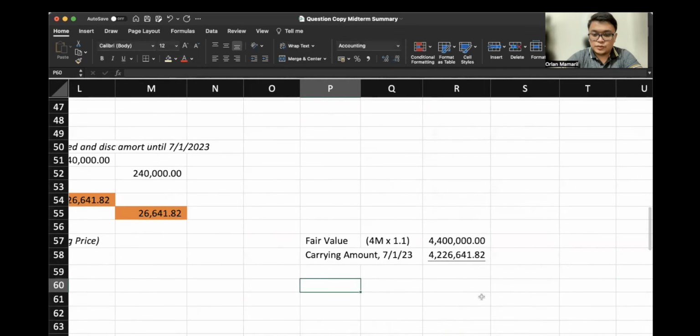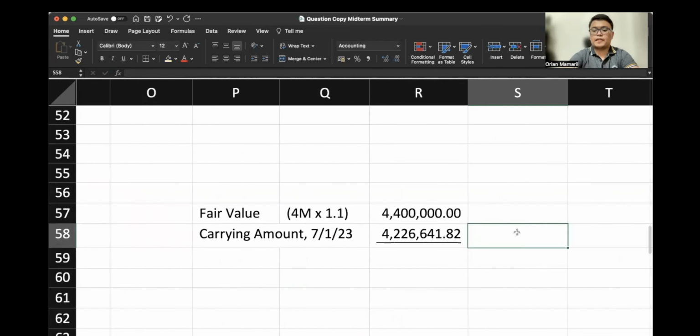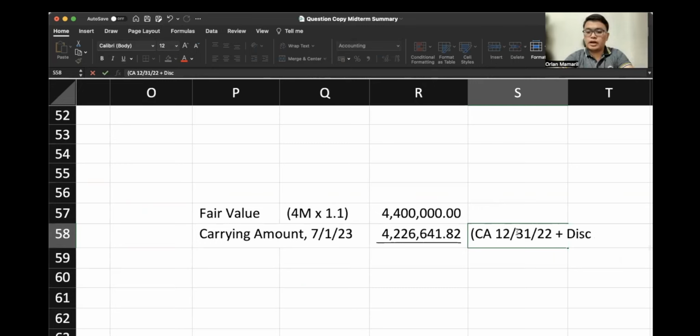Right? So just to reiterate, this would be our carrying amount: the carrying amount on 12/31/2022, which is the fair value in 2022, plus the discount amortization in 2023.